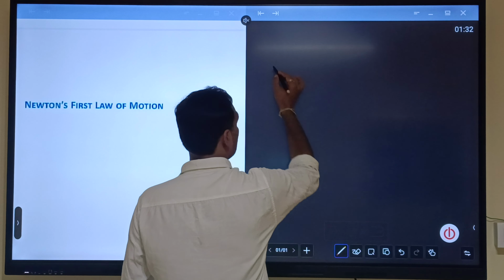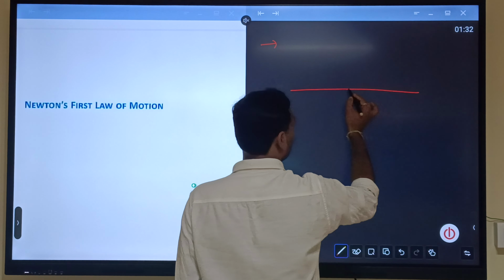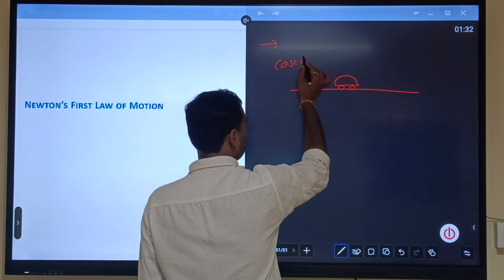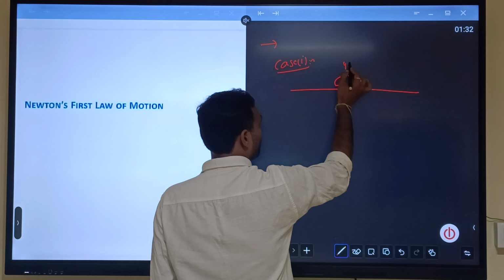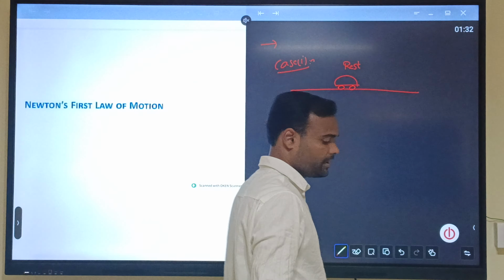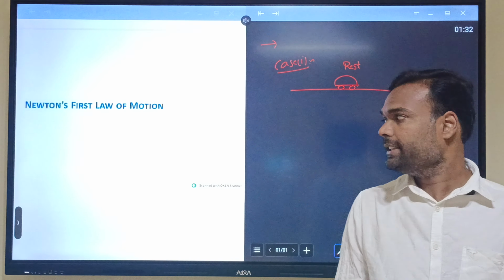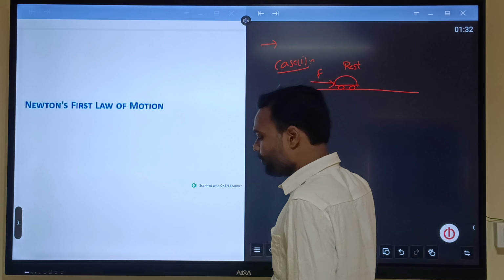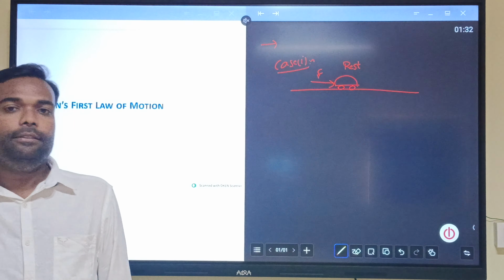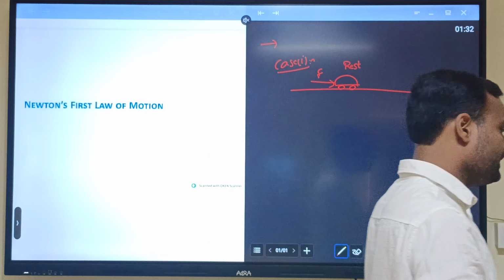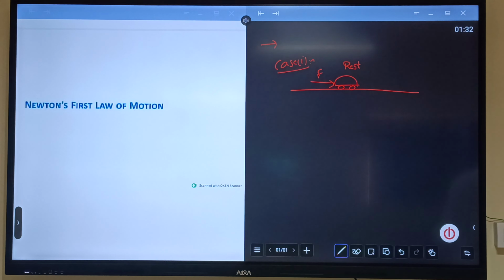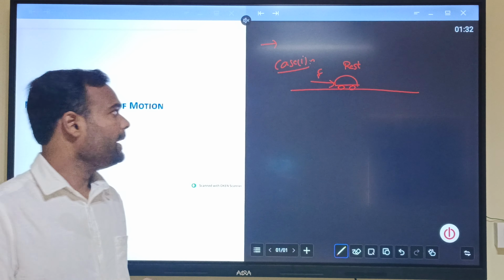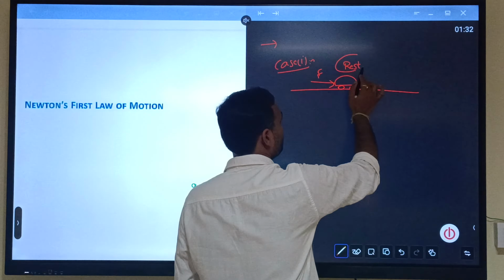Then next one is Newton's first law of motion. See here, suppose case 1. Here an object is at rest position. Now, until and unless I am applying some amount of external force or energy or momentum, whatever that may be, until and unless I am applying these physical quantities on this object, the object will maintain its rest position.